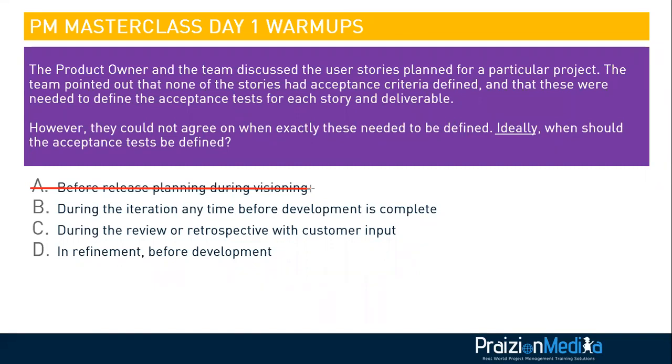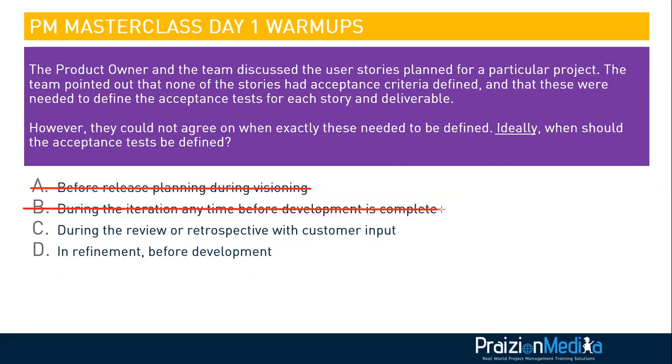B, during the iteration, at any time before development is complete. So think about it, assembling acceptance criteria in the middle of the sprint, while development is going on, before it's complete. No, that is not correct. Not B. Let's take a look at C. During the review or retrospective with customer input?